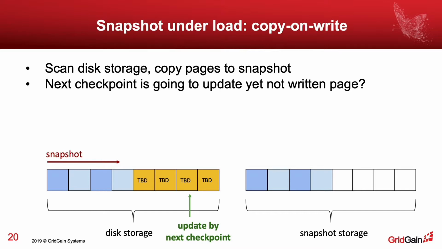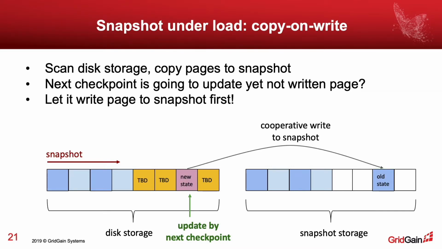After that, the state of the page is overwritten by the new state, which is actual from the perspective of a new operation. And at last, one way or another, all pages will be transferred to the snapshot storage, probably from the regular snapshot disk scanning of all pages, or probably with a cooperative write by the checkpoint process.